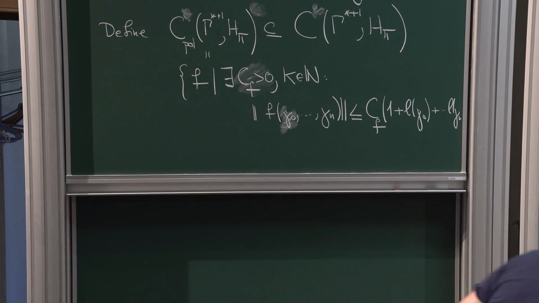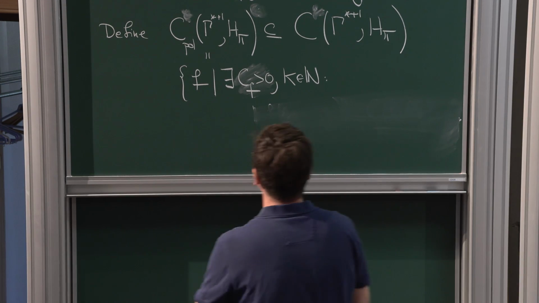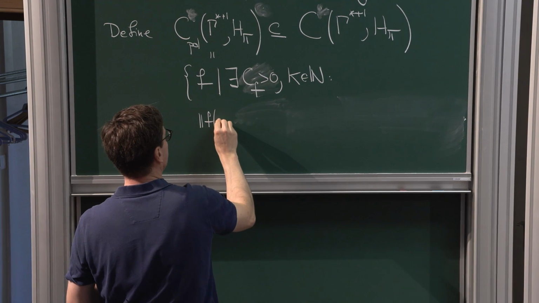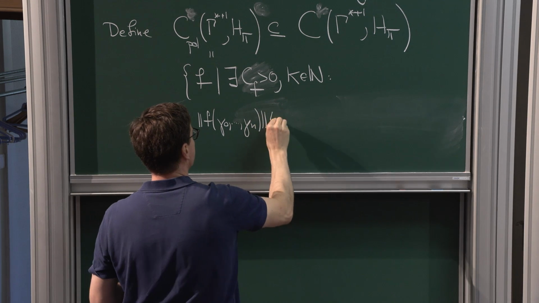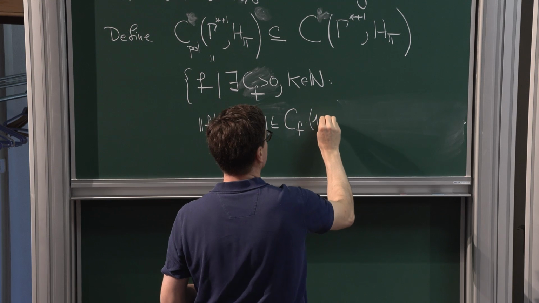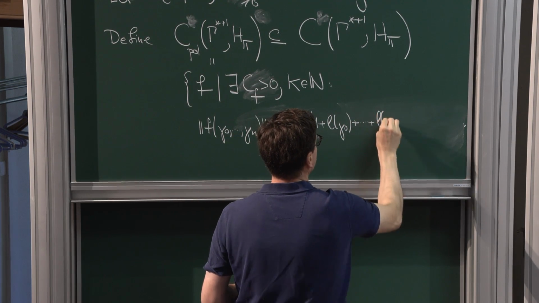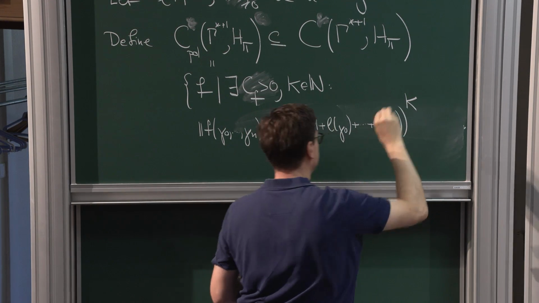Now let me write this properly because that's an important condition. Need more space. So you sum up the lengths of the gamma 0 up to gamma n and take it to the kth power.